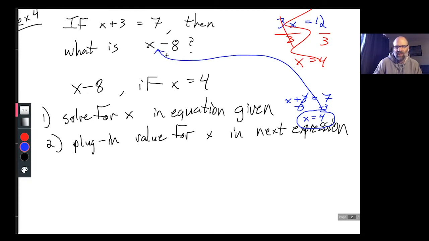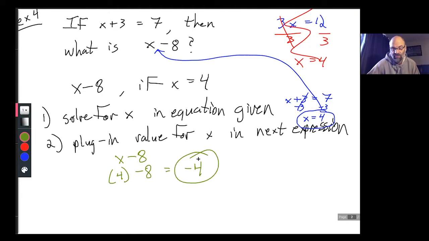So now that you know x is 4, plug it into x minus 8. So x minus 8 is just 4 minus 8, which is negative 4. That is your answer. So don't stop at just solving the equation. Plug it into the next value.